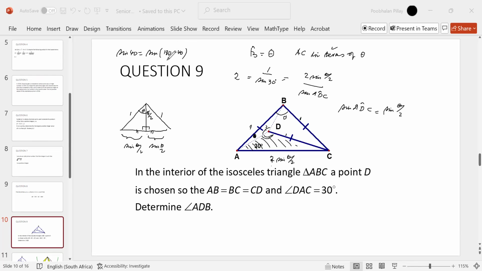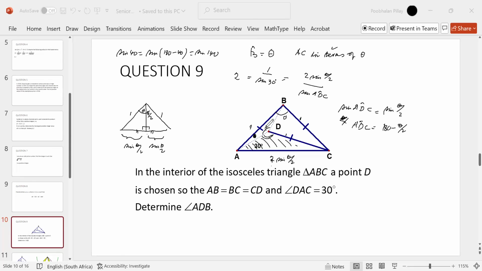Sine is positive in the second quadrant also. So the sine of an angle is the same as the sine of its supplement, I think you call it 180 minus. So this equation here, you could have said theta over 2. I'm sorry, ADC is actually 180 minus theta over 2. So this angle here is 180 minus theta over 2.